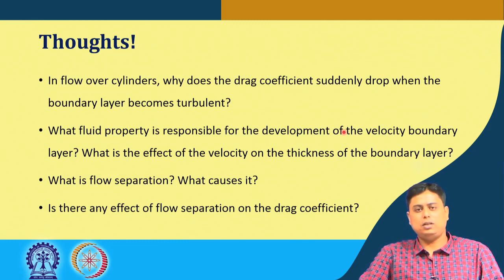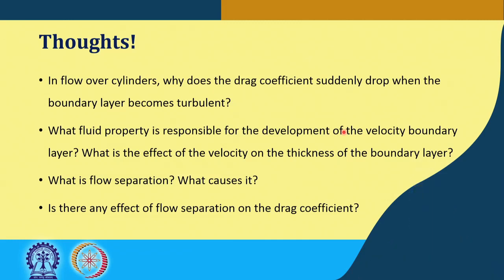You can translate the effect of velocity into the effect of Reynolds number, and then easily answer such a question. What is flow separation and why does it happen? And is there any effect of flow separation on the drag coefficient? You should be able to answer these questions, because in the previous lectures as well as in these lectures, these answers are already given.